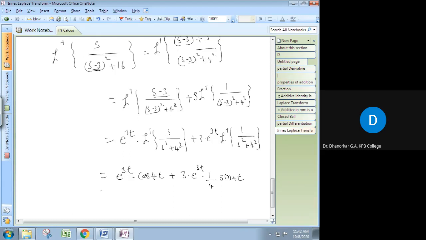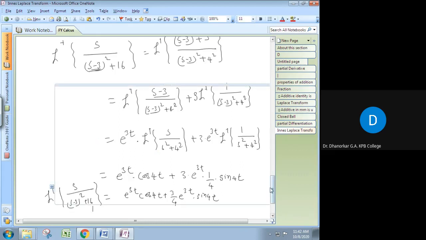You can write it this way: e raised to power 3t into cos of 4t plus 3 by 4 into e raised to power 3t into sine of 4t. This is your L inverse of s divided by (s minus 3) whole square plus 16. Okay, this is the inverse Laplace transform for this function.